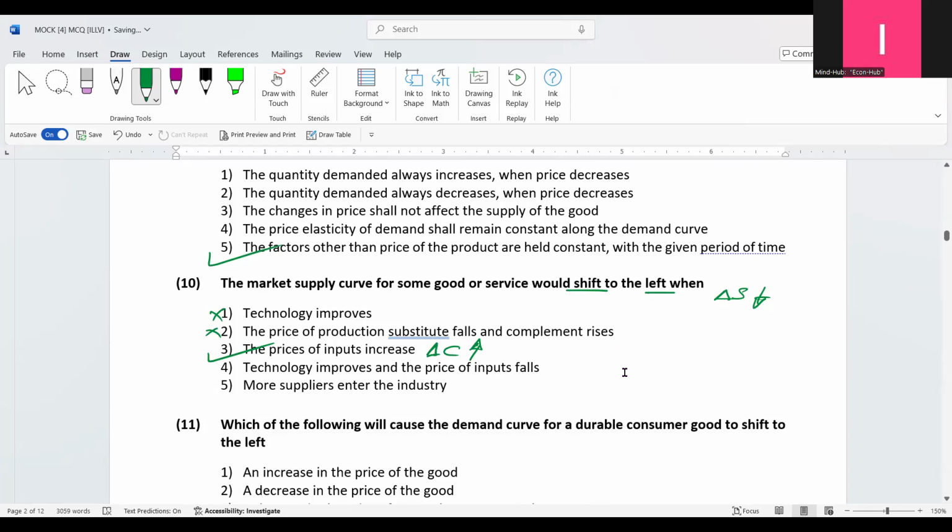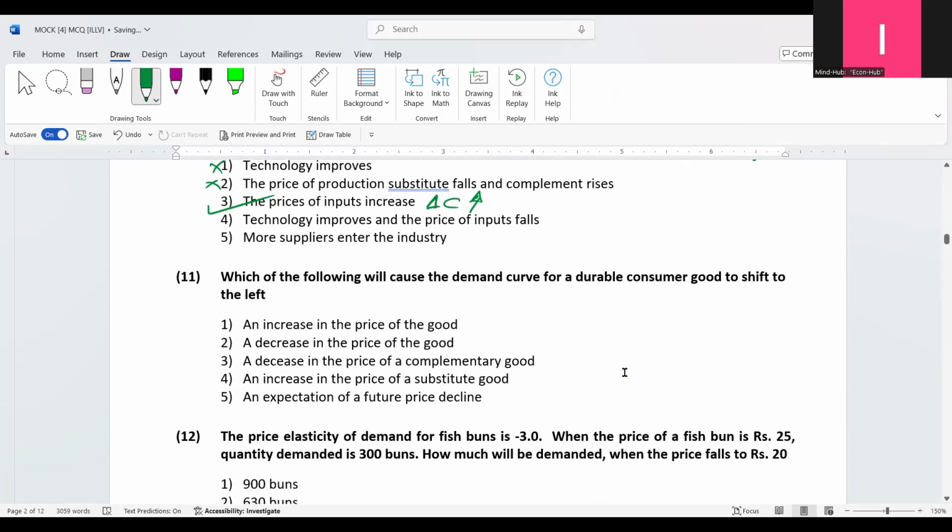Question 11. Which of the following will cause the demand curve for a durable consumer good to shift to the left? Again, it's a shift, so other factors affecting demand.